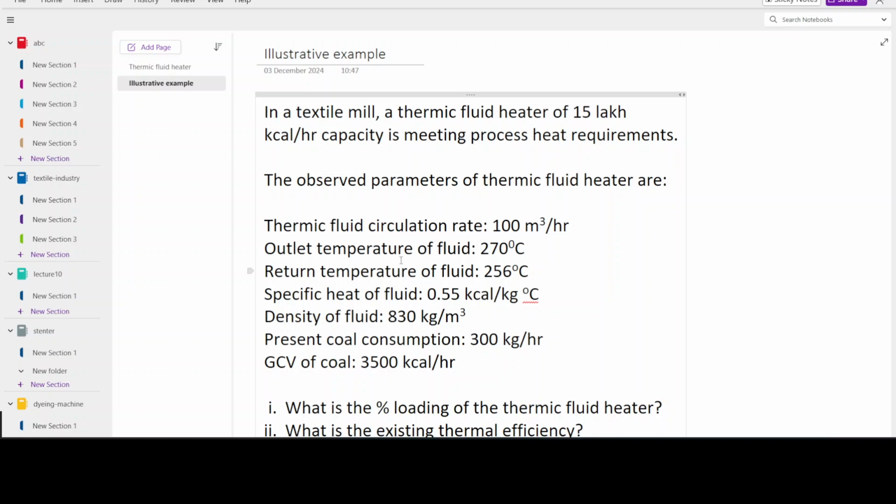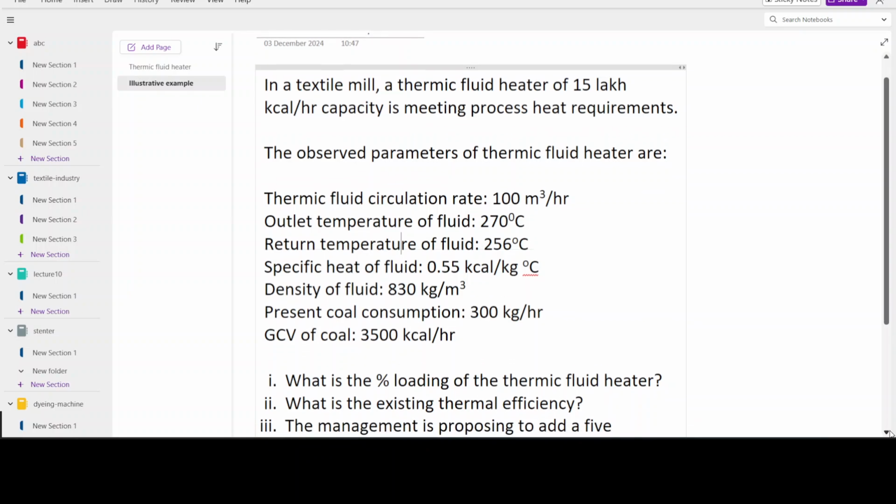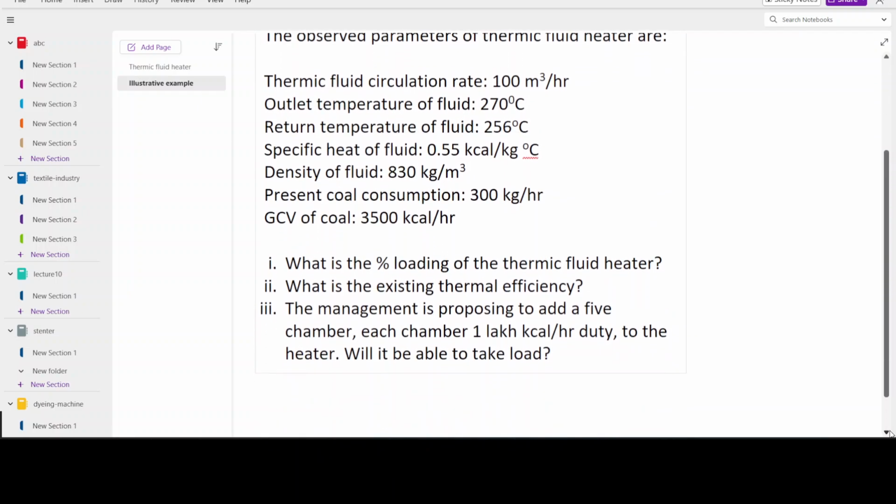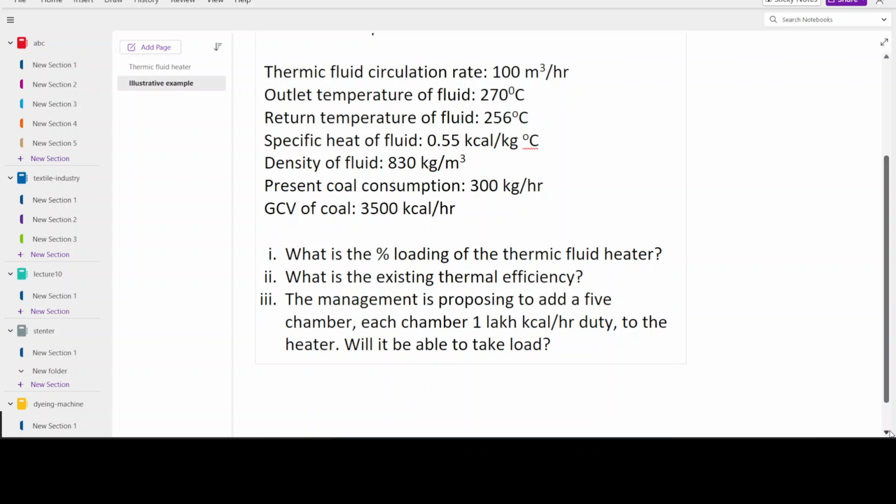Here the capacity of fluid heater is given. The observed parameters of thermic fluid heater are circulation rate is given 100 meter cube per hour.